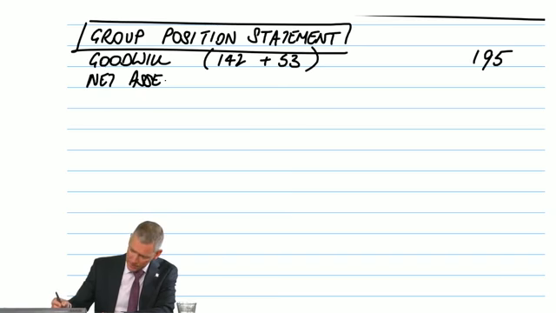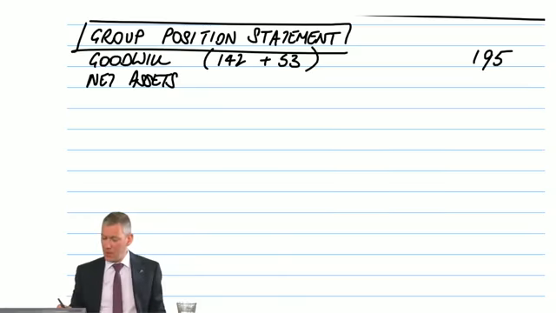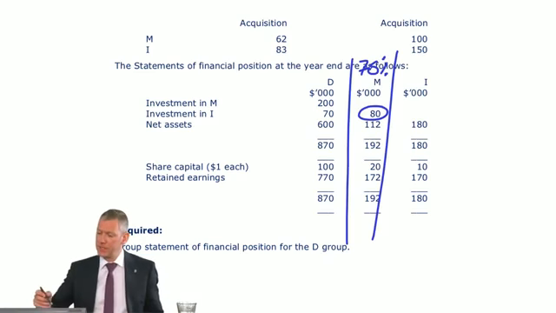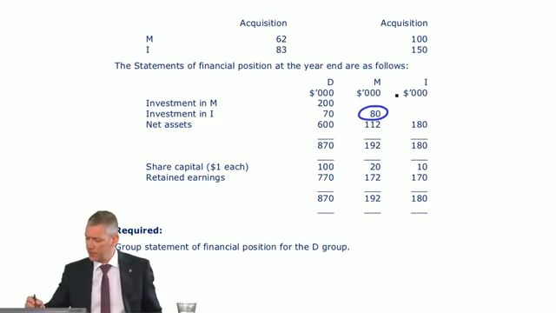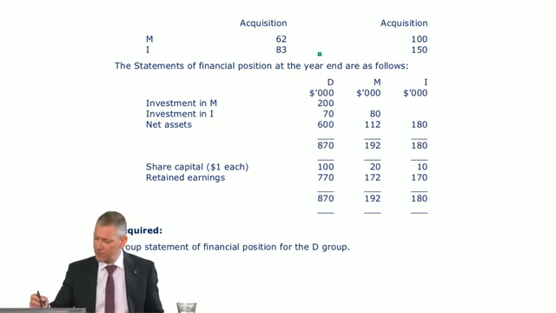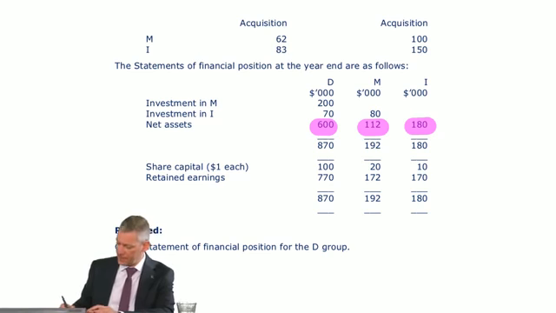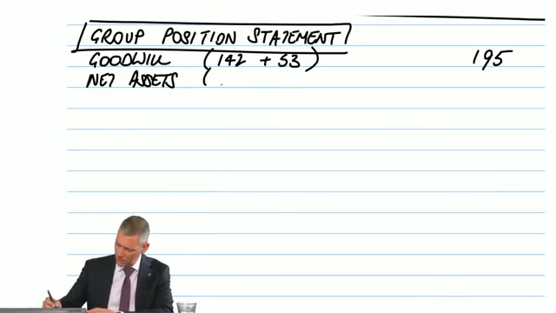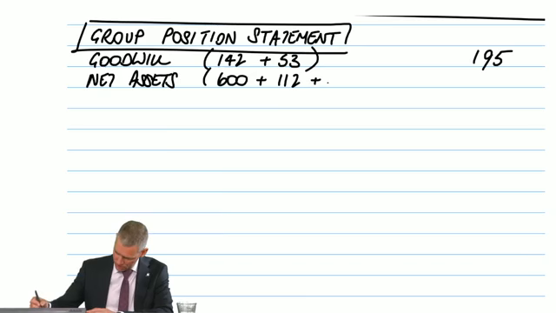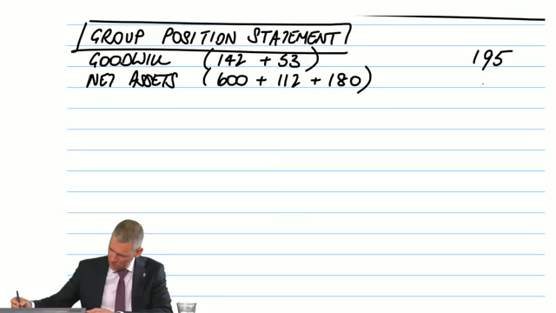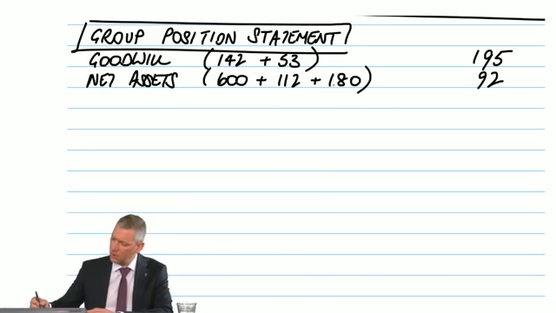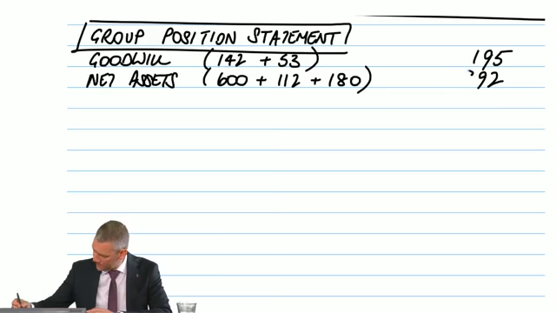It's surprisingly easy to misread this figure, so I'll highlight it for you. We have absolute control of all the net assets at the year end. I'll get rid of those lines because they're very distracting. We have absolute control of 600, 112, 180, which is 892.